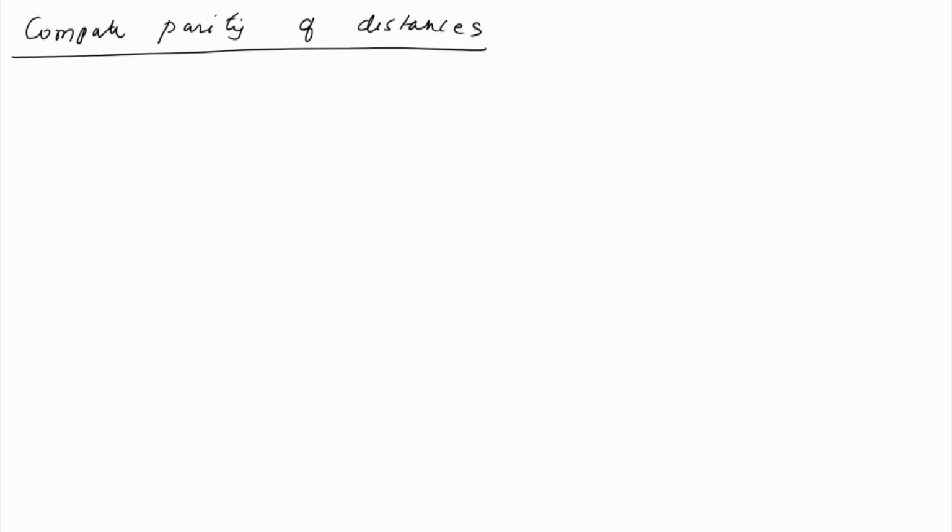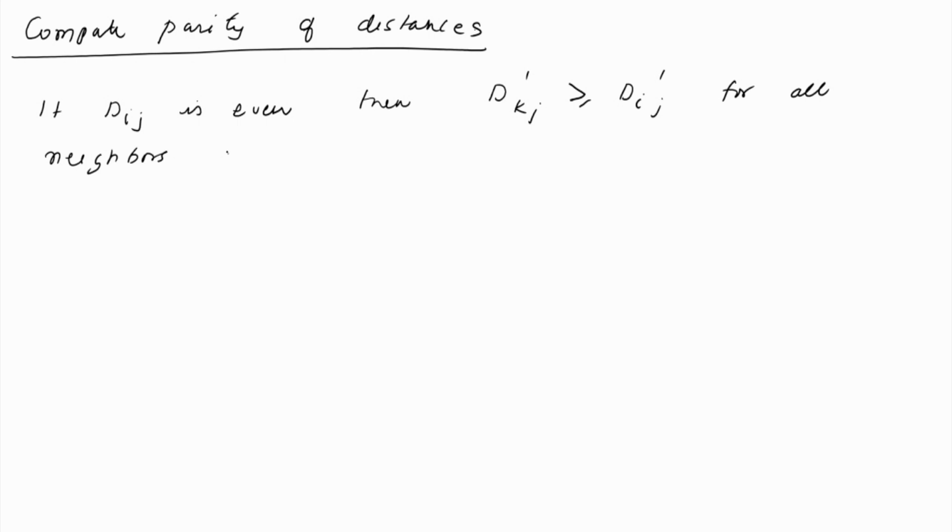Again, the following easy lemma helps us do this. If dij is even, then d prime kj is greater than or equal to d prime ij for all neighbors k of i.